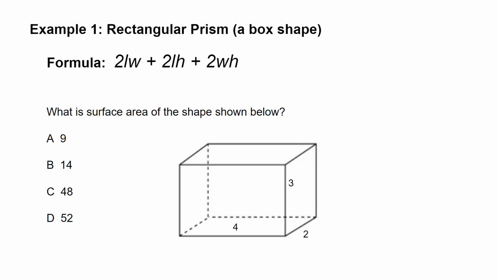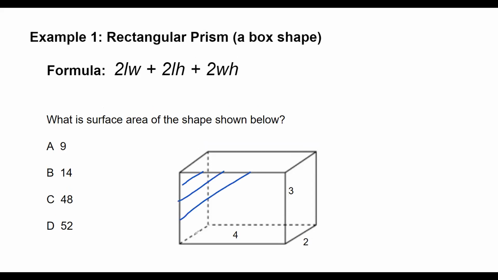It's because we have sets of similar sides. This is the front, and then back here, we have a similar, exact same size space on the back side of this box. So that's why we calculate that area and multiply it by 2.